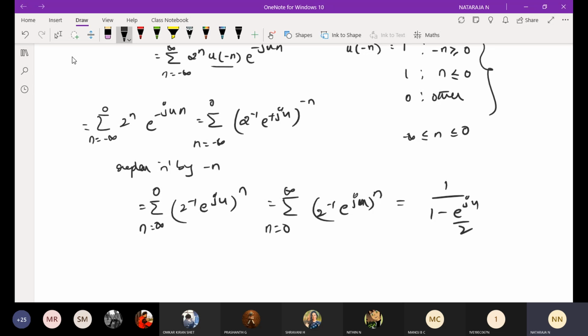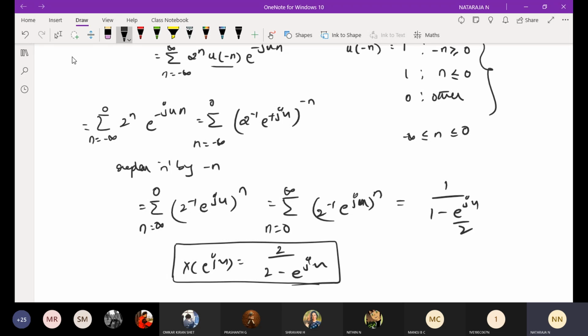Simplifying, X of e power j omega is equal to 2 divided by 2 minus e power j omega. This is your DTFT of x of n. Got everyone? Any doubts? Okay, please make a note of this.